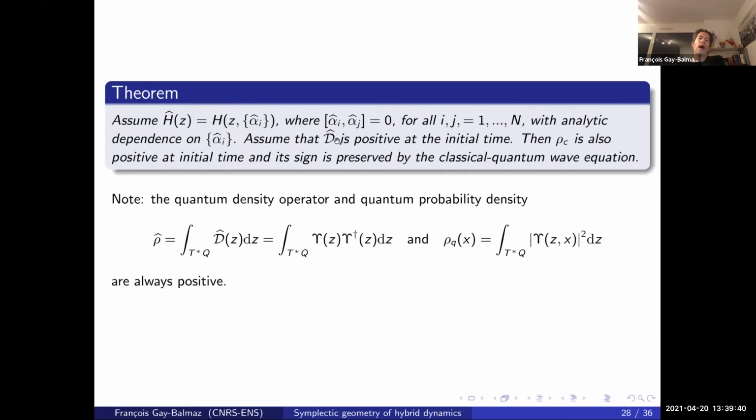Assume also that the hybrid density operator is positive at the initial time, then the classical probability density preserves its sign. I mean, this is the classical probability as extracted from the hybrid system. However, as we have already seen, the quantum density operator and the quantum probability density are always positive for any hybrid Hamiltonian.